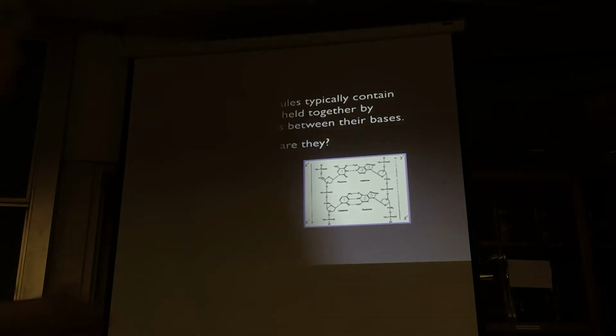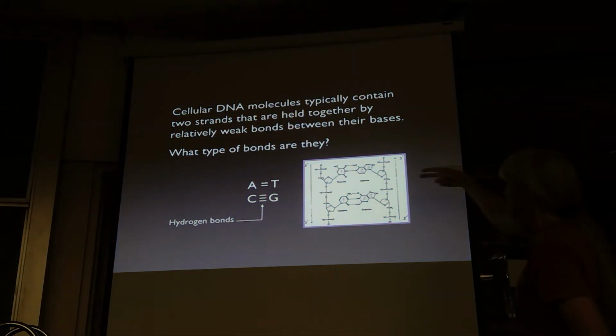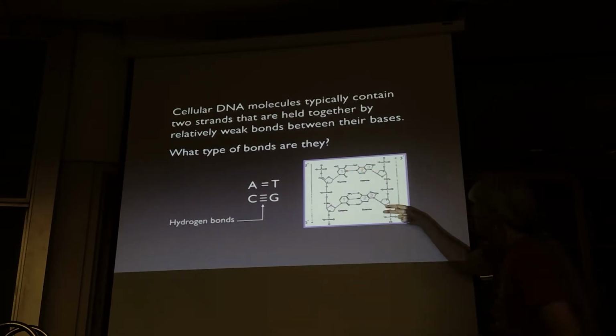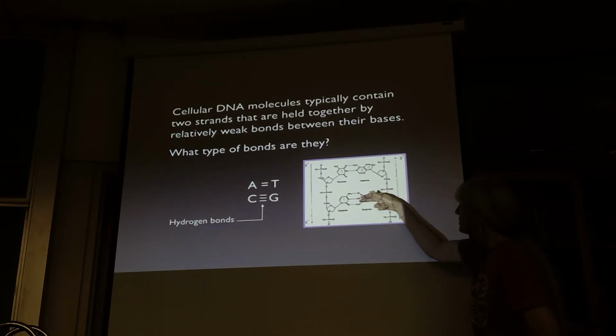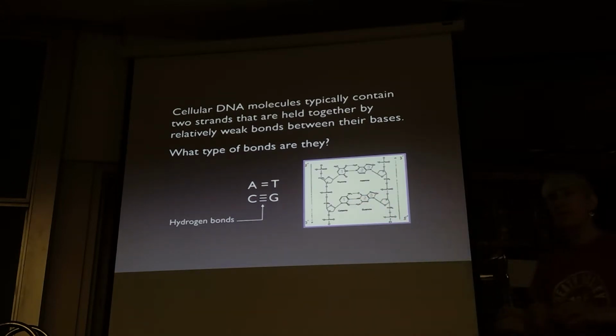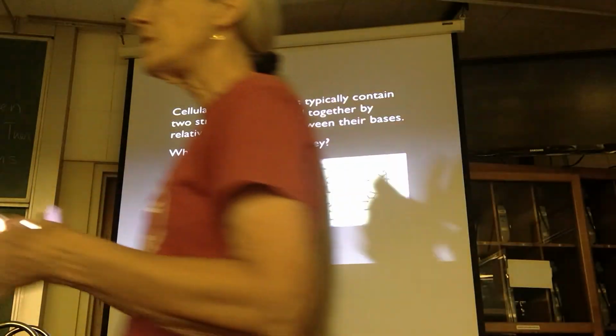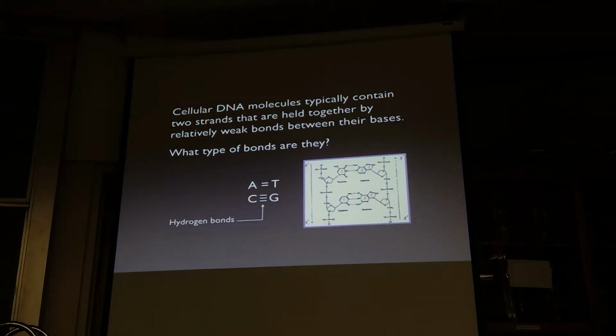And here you can see thymine, adenine. The hydrogen bonds are here. So there's 2 bonds between those. And then cytosine, guanine, 3 hydrogen bonds between those. This influences the stability of DNA. If you have a DNA molecule that has more cytosine-guanine pairing, they tend to be more stable. It's more difficult to break them apart because you have 3 hydrogen bonds between them.